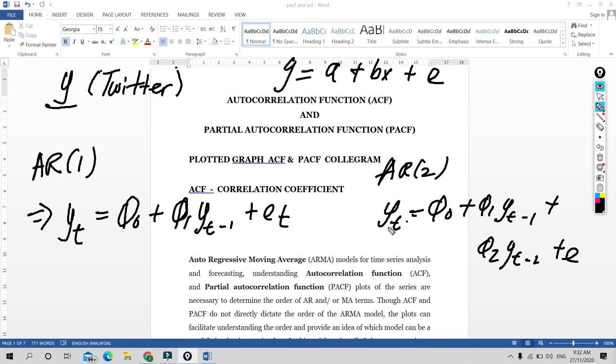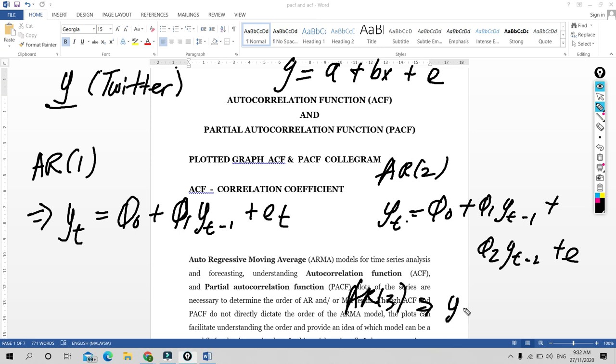Maknanya kita bandingkan data sekarang dengan data sehari sebelumnya, data semalam dengan 2 hari sebelumnya. That is AR2. This is the same as AR3. Kita bandingkan untuk 3 hari.